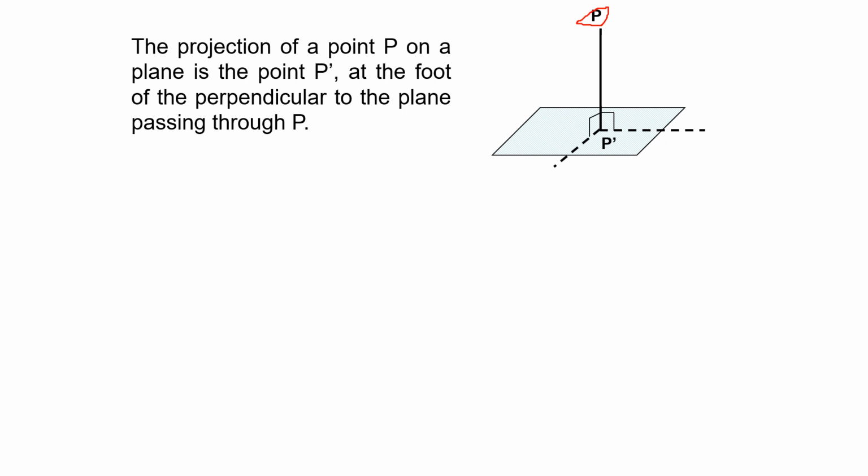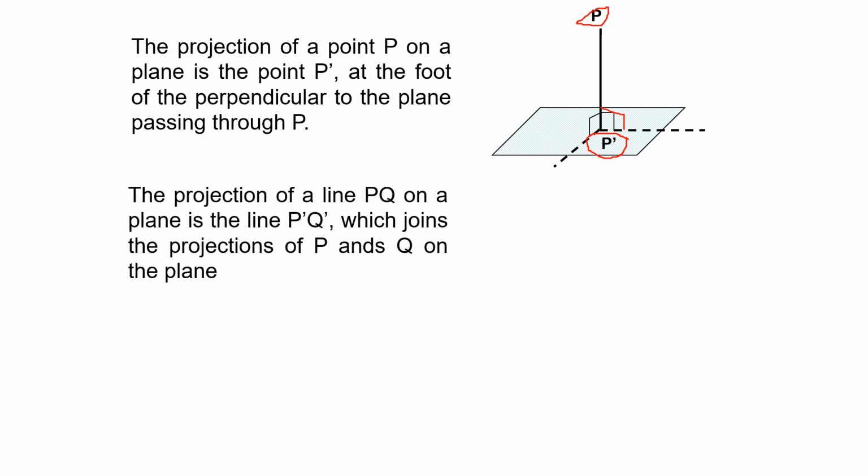The projection of this point is at the foot of point P. So P prime is the projection point, which is at the foot, and it has to be directly below P and perpendicular to the plane. This is how you identify the projection point of P to a plane.